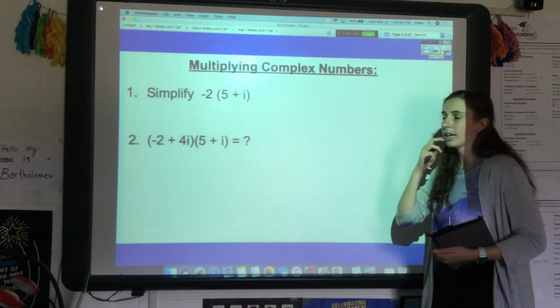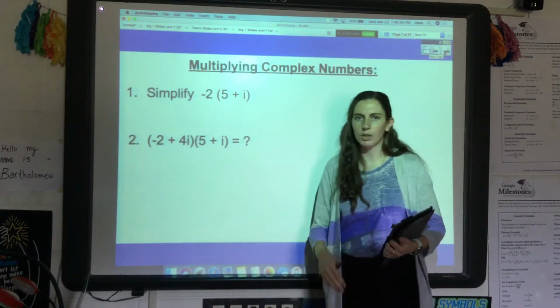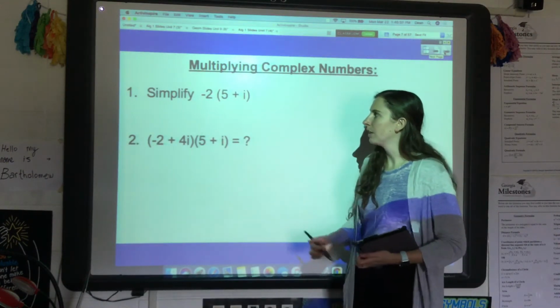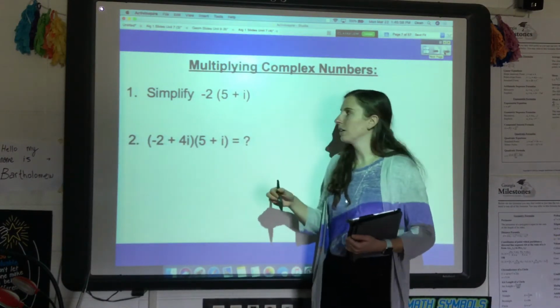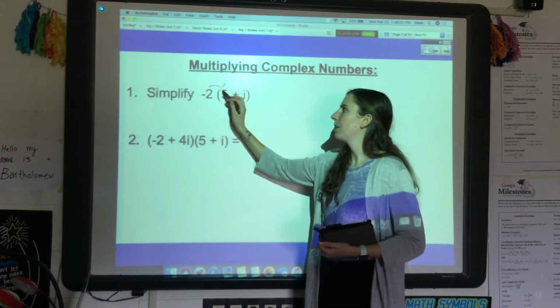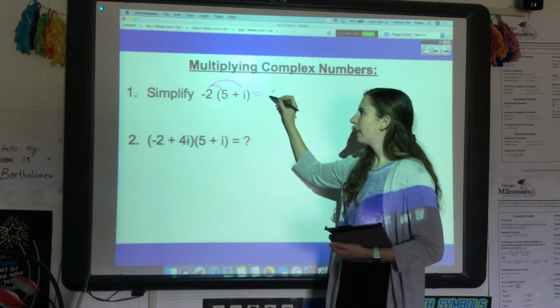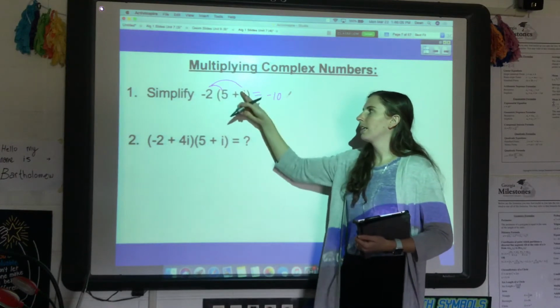And then for multiplication, again, it works just like you always have done with algebra stuff. You still just distribute anything in front of parentheses. So I'll distribute the -2 and get -10 minus 2i.